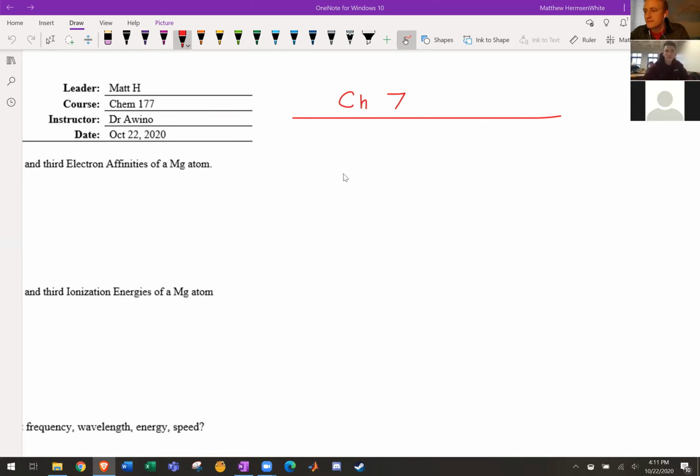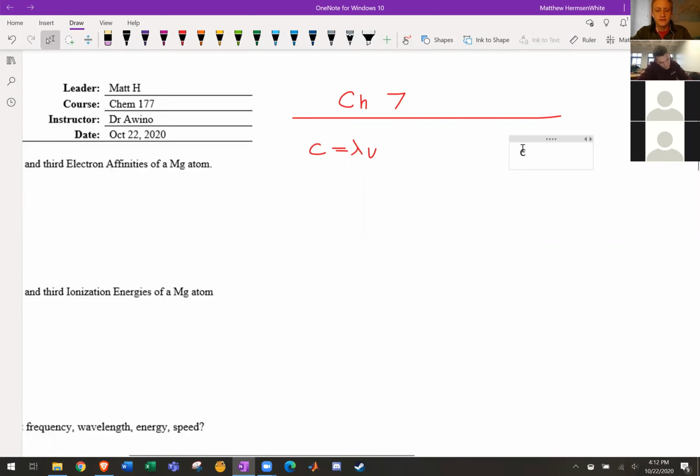C equals wavelength V. Okay, I didn't see who said that, but someone said C equals wavelength V. Yep, so this is C equals, a wavelength is this lambda symbol. So we use that with light waves. C is the speed of light, and this is 3.00 times 10 to the 8th meters per second.